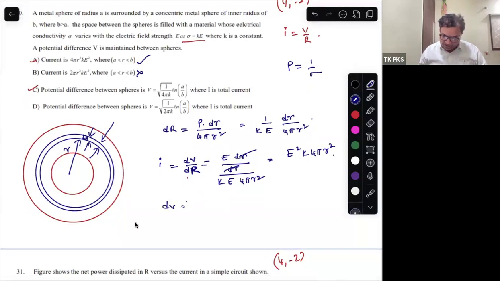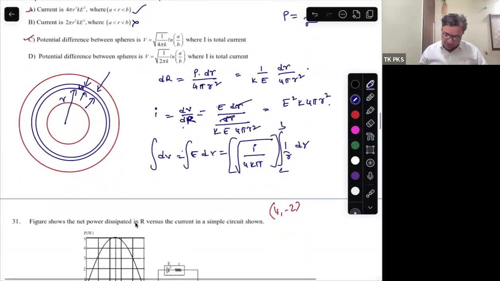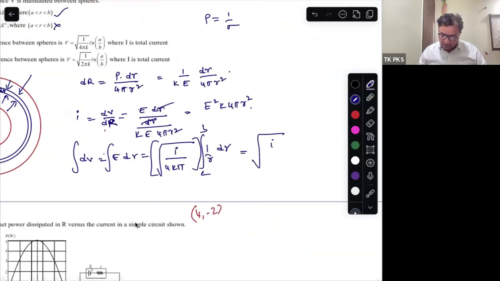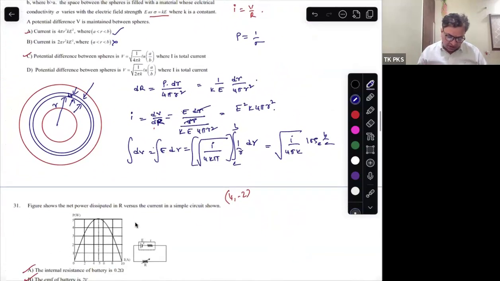So dV is E dr, and E is nothing but I by 4 pi K times 1 by r, dr. Do the integration for this from A to B. So what I am going to get is I by 4 pi K log B by A. Which is greater?